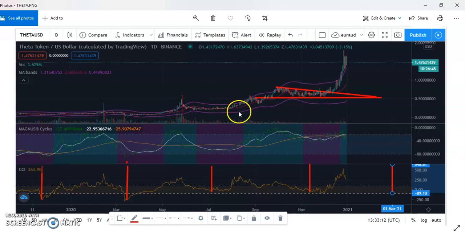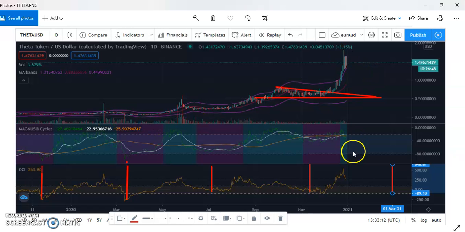Now, if you were expecting this point of low to be something lower than this one, you are wrong, and the reason is because when we are inside a very strong bull uptrend, what happens in terms of lows is that we cannot expect a lower low below the previous one, because we are in a strong uptrend.